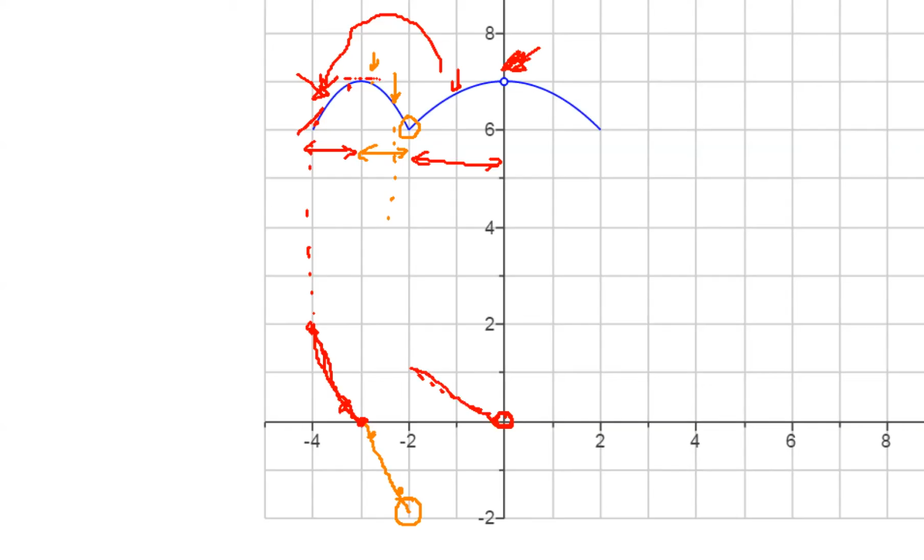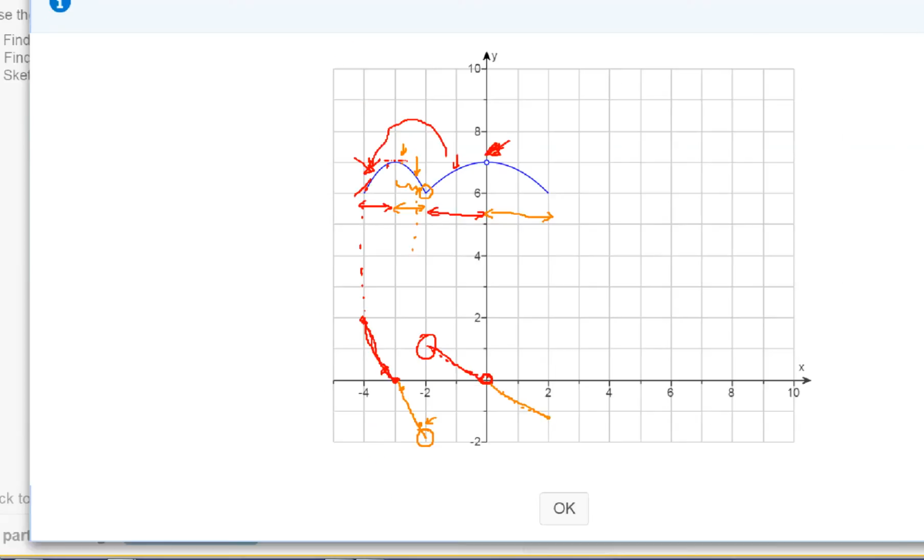And then at this corner, it's not defined, so I put a circle there. Similarly, for the last piece, the same idea as the orange one, but it's not as steep, so I'm going to draw it not as steep. The slopes are smaller in magnitude, not as big as this branch. So this is pretty much what I would draw.